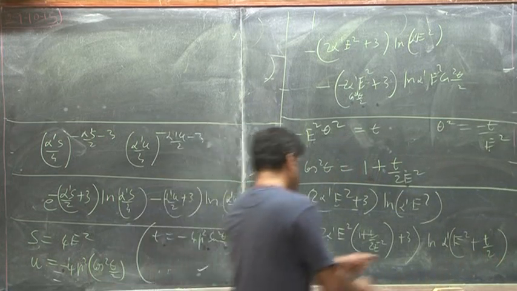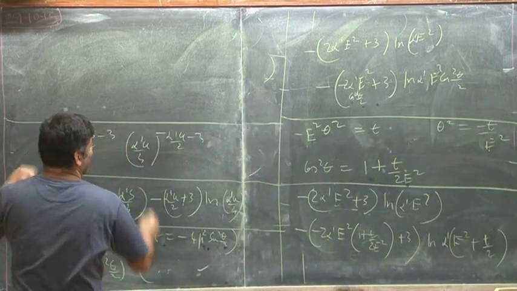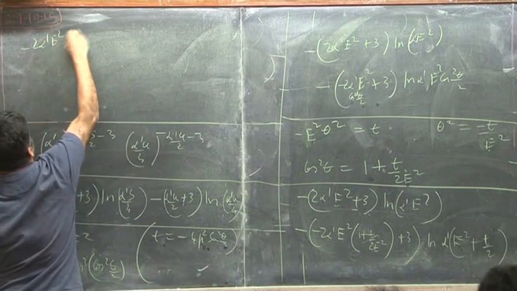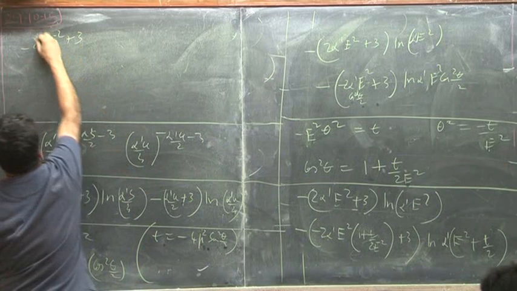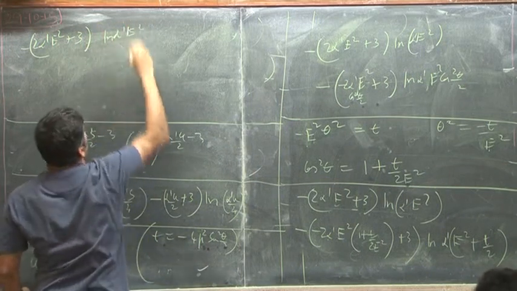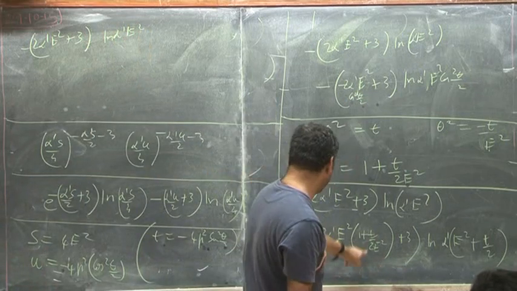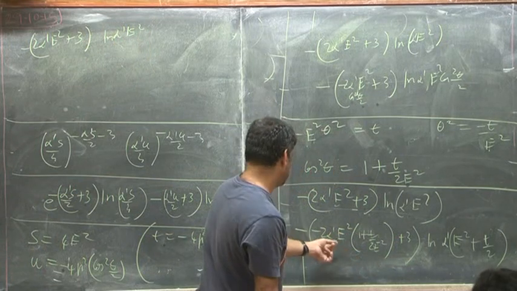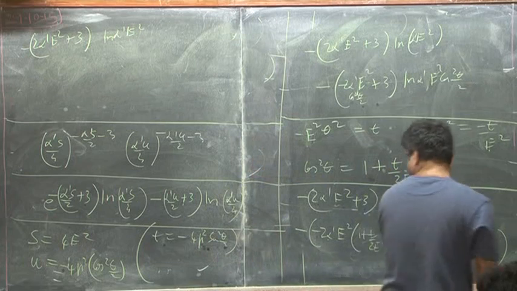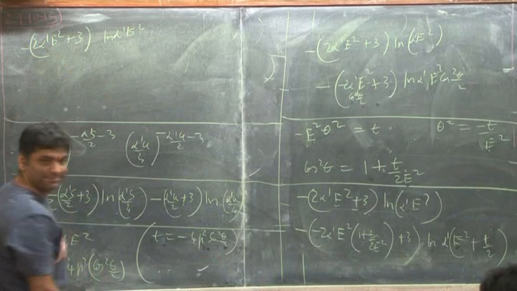Yeah. So this we just expand as you said as minus 2 alpha prime e squared plus 3 into log alpha prime e squared, and then both these terms will expand. So see this minus 2 alpha prime e squared into this leading order piece cancels this piece.